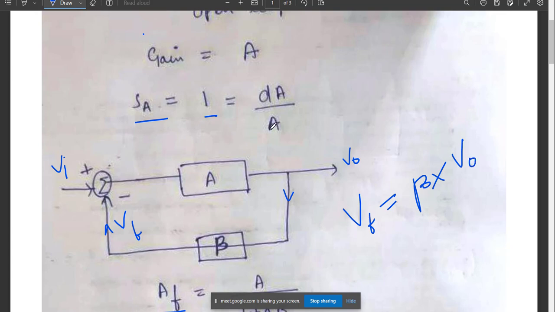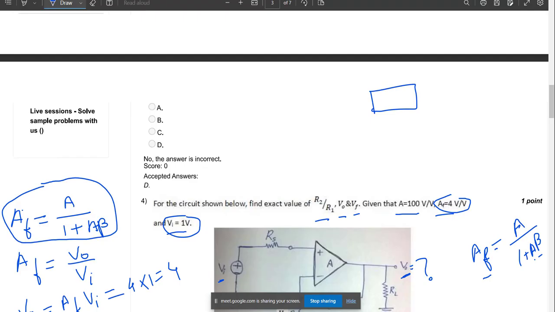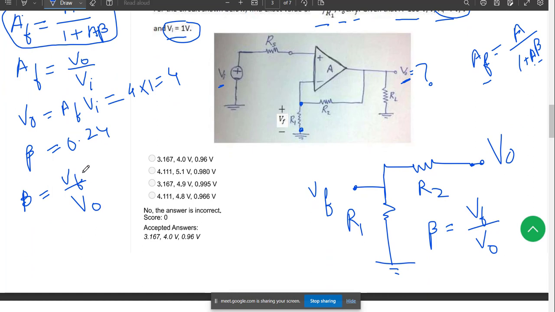So from here, beta will be equal to VF by VO. Now we got to know that beta is equal to VF by VO.